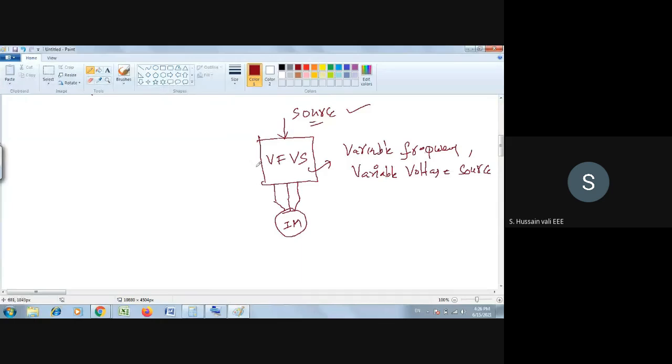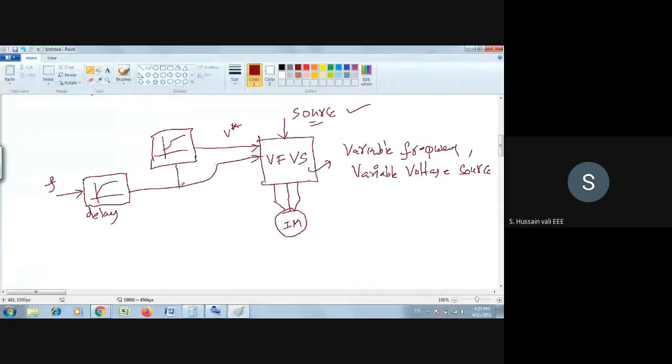Because you have to follow one important thing in this. Now these blocks you call flux control.